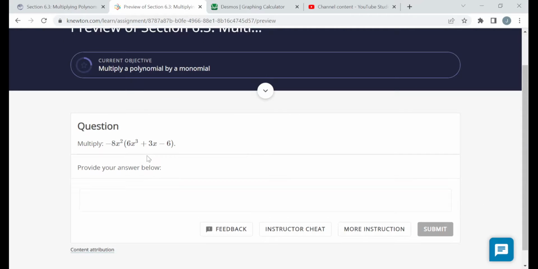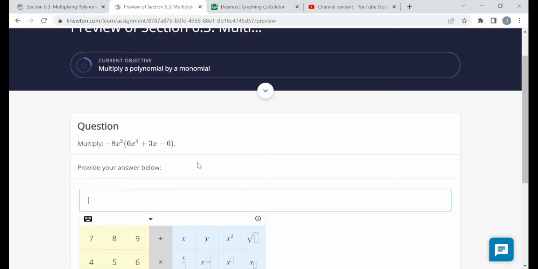Now this one I'm just going to write out because I'm just distributing the monomial, this negative 8x squared, over the trinomial, 6x cubed plus 3x minus 6. So the first term, negative 8x squared times 6x cubed would be negative 48x to the 5th, right? And then negative 8x squared times positive 3x would be negative 24x cubed.